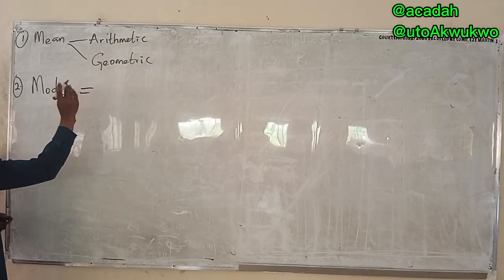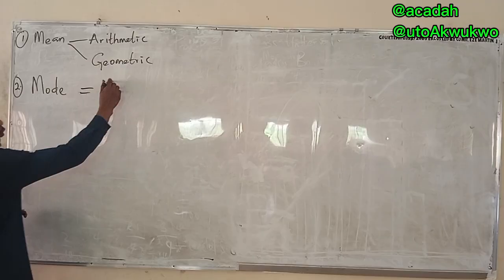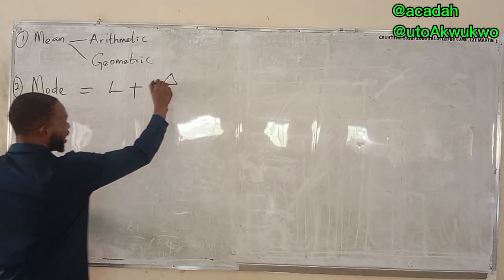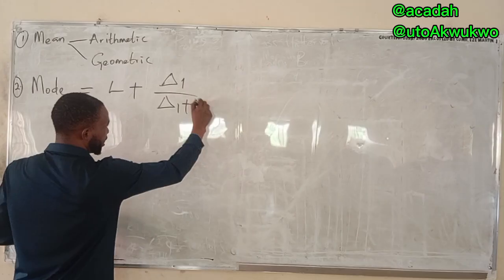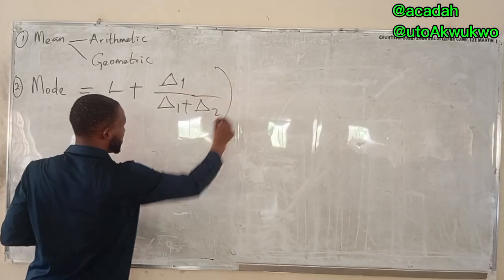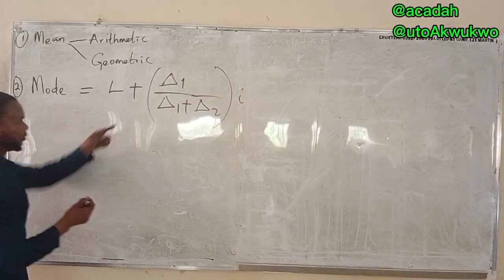And you need to note that there's an important formula for this mode, which is L plus delta 1 all over delta 1 plus delta 2, multiplied by the class interval.